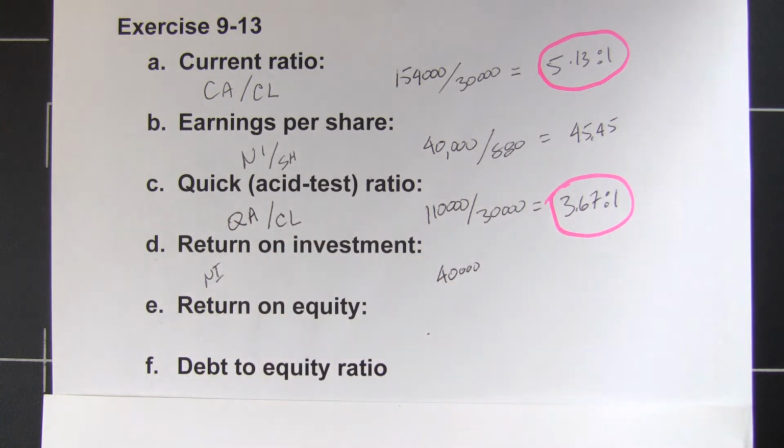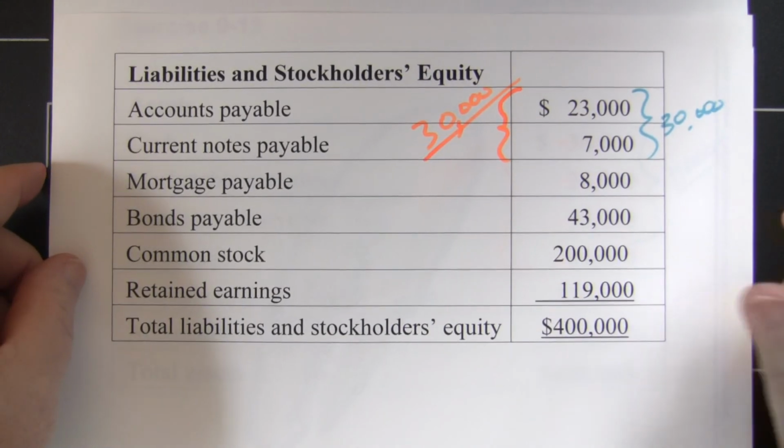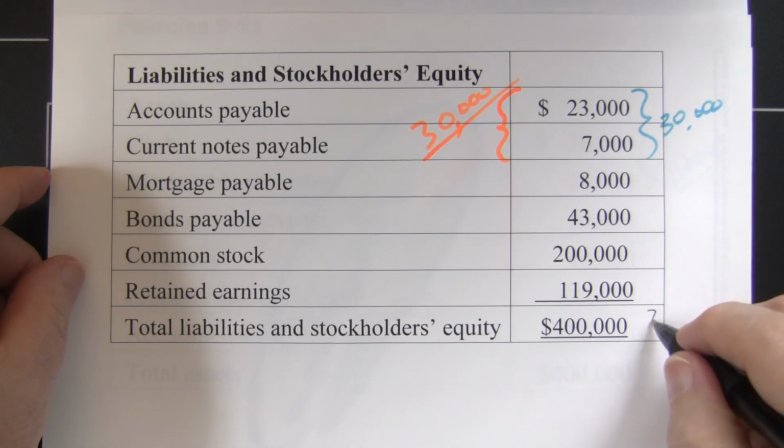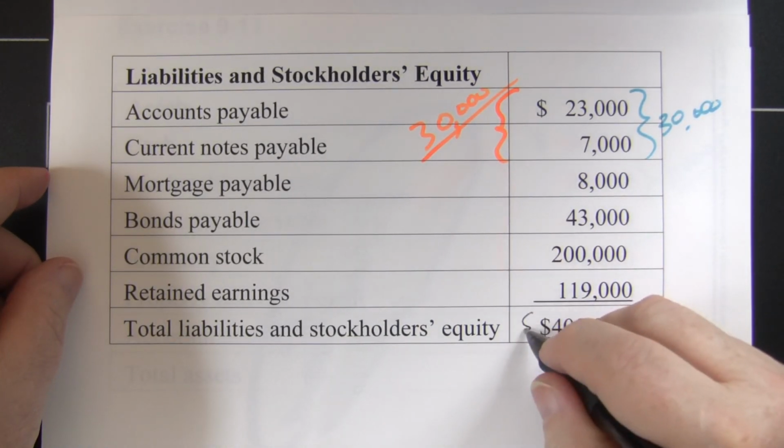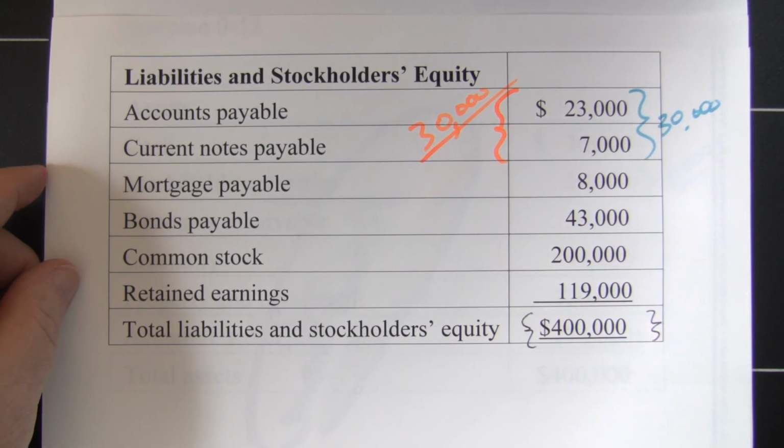Which is net income. And our investment, let's take a look at our shareholders' equity section here. The total investment, the total that both debtors, creditors, and stockholders have put into our company? 400,000.